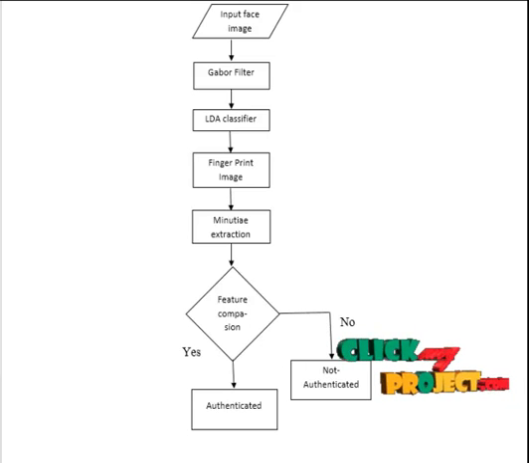This is also taken as a train feature and loaded as the second train feature. After taking the two train features, they will be compared. If the features of both the images match, the person will be authenticated, or else the person will not be authenticated.